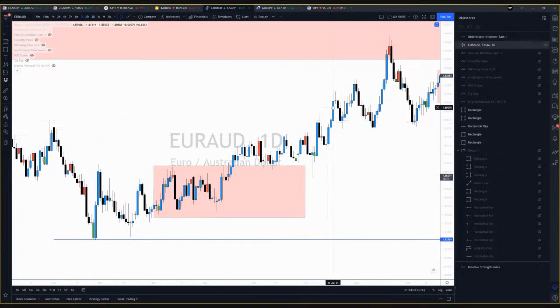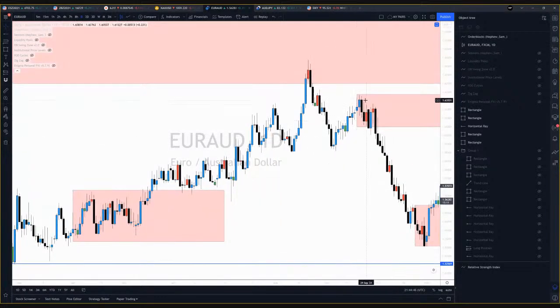It goes up, forms another close. It comes back down. It didn't quite get to this, and then it went back up. It closes, comes back down, goes back up again, closes, comes right back down, and then goes back up again.